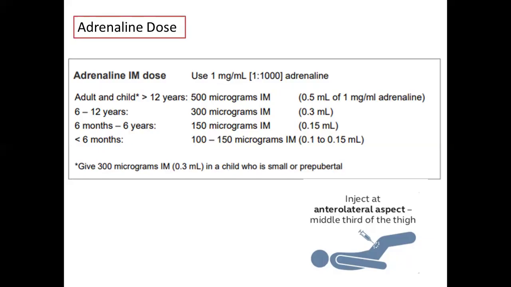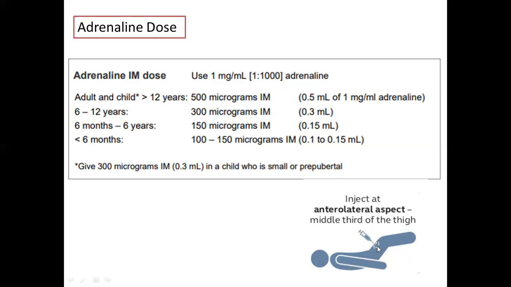No harm, but that is not going to work. For 6 to 12 years, give 0.3 ml; 6 months to 6 years, 0.15 ml; less than 6 months, 100 to 150 mics. This is from the UK resuscitation guideline website.